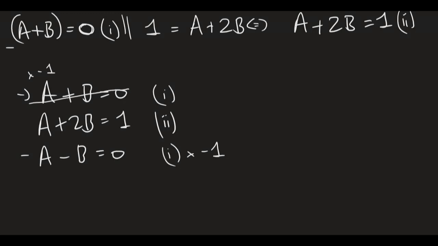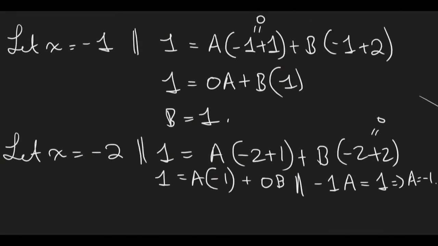So we have a plus 2b equals 1, subtract minus a minus b equals 0. These will cancel off, and we'll be left with 2b minus b equals 1, or b equals 1. Is that what we got above for b? So we got b equals 1 above.